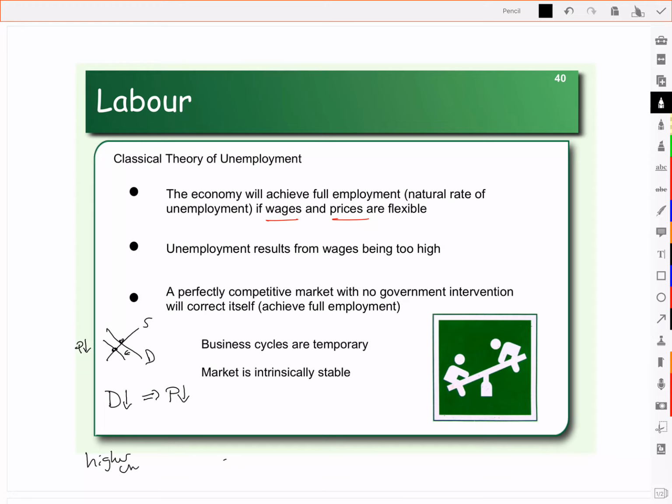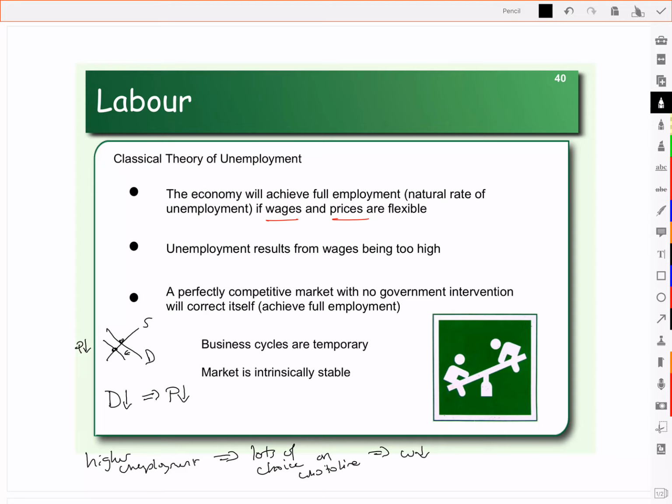So if we have higher unemployment, that means that when businesses are looking for workers, they now have lots of people to choose from. Well, if you have lots of workers to choose from, how do you decide who to hire? You hire the best worker for the least amount of money. So when the unemployment rate goes up, because of that lots of choice on who to hire, it's actually going to drive down wages.